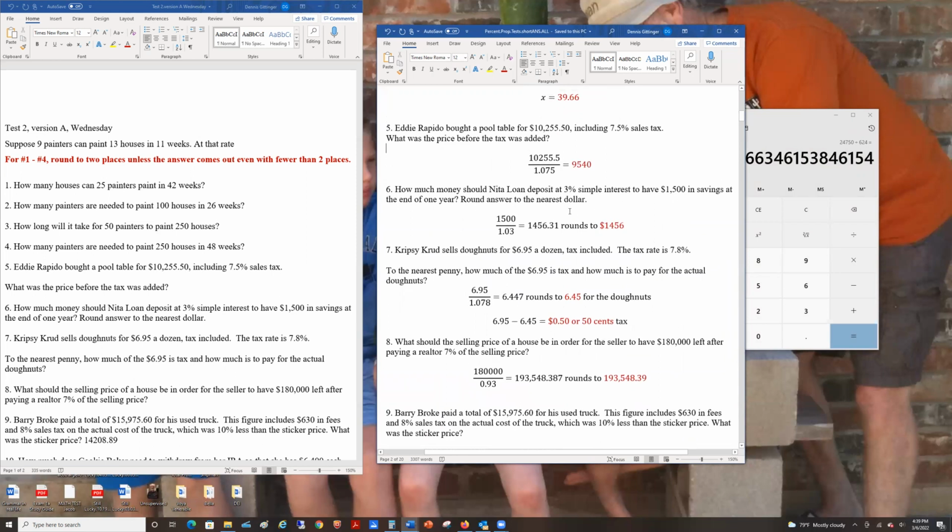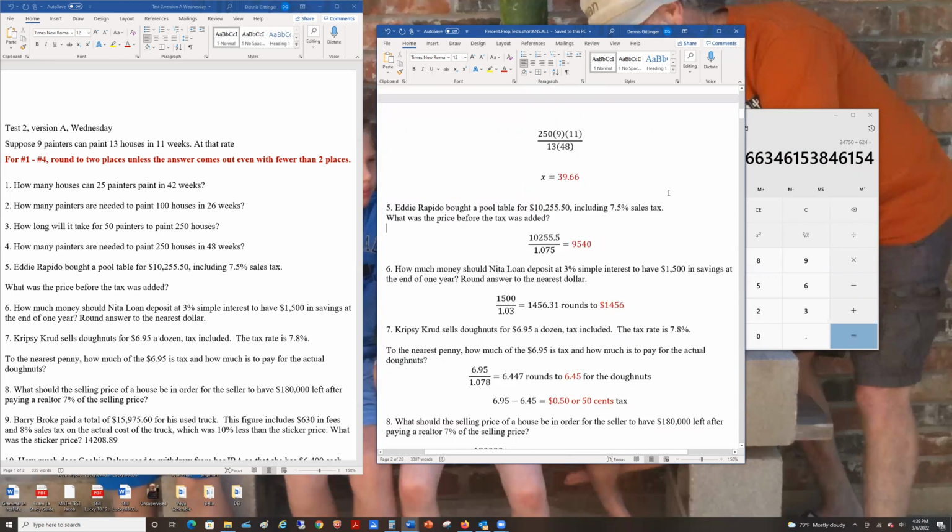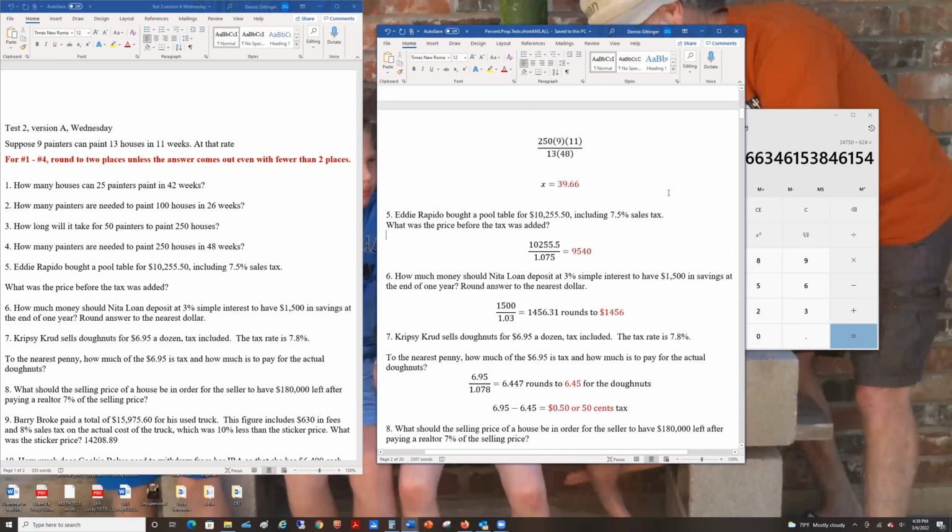Number 6, she wants to deposit enough money at 3% interest to have $1,500 in savings. What you do not do is multiply 1,500 times 0.03. That is not how much she's going to deposit. What she's going to deposit is unknown, but whatever it is, when you take 3% of it and add it to it, you've got to get 1,500. It is exactly the same sort of problem, believe it or not, as number 5.